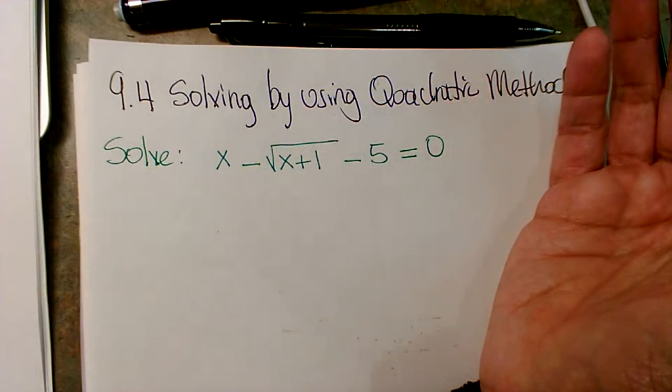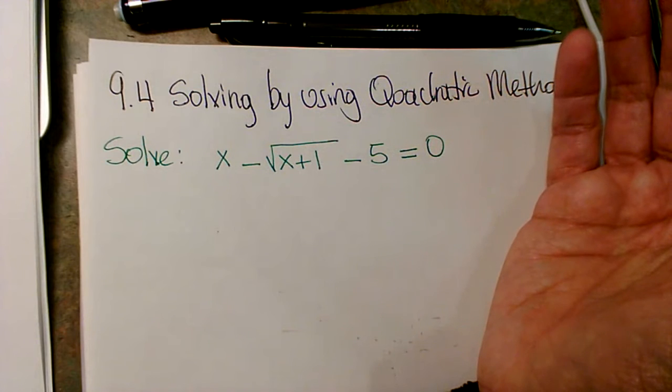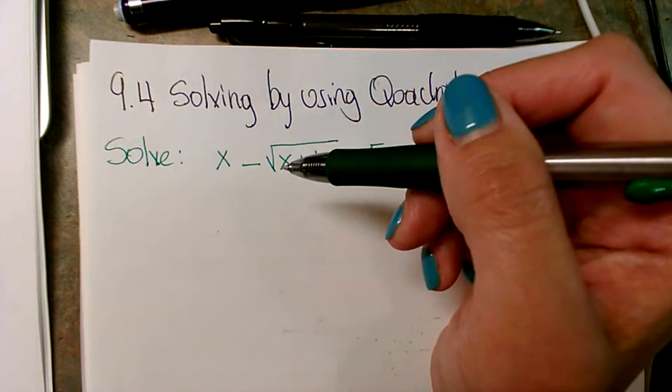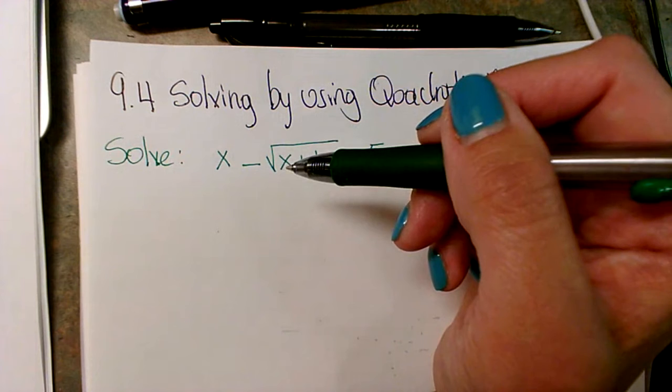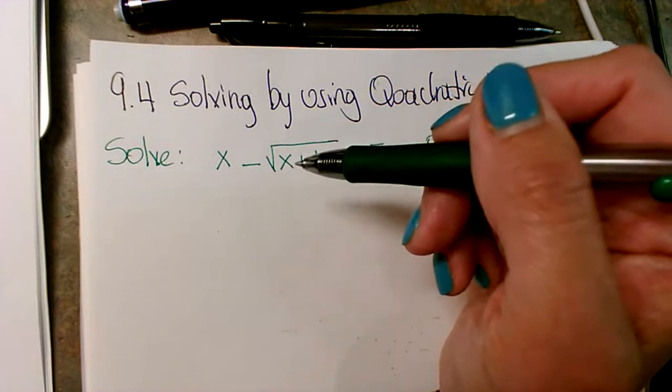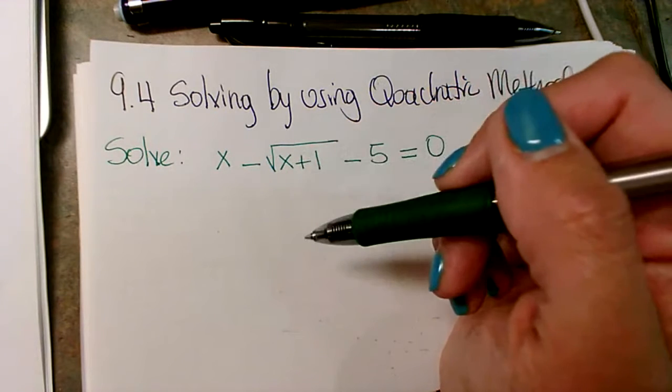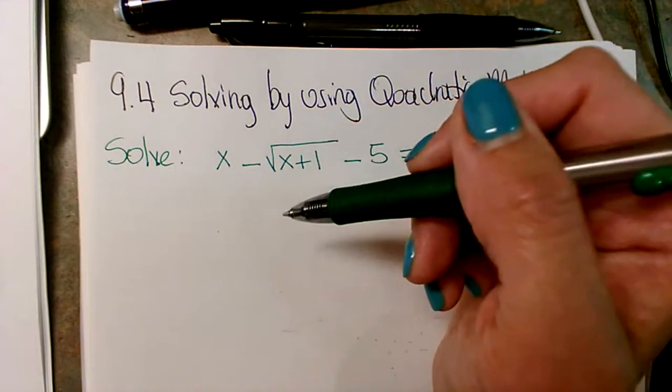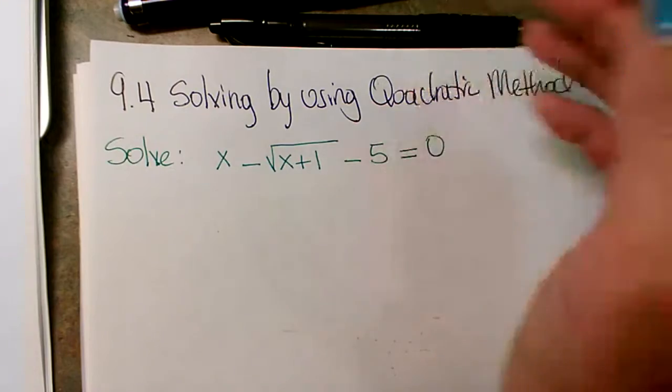Right away, we have a square root in the equation. How do we get rid of the square root? We need to isolate the square root first. That's what we learned. We isolate the square root, and then we square both sides of the equation.